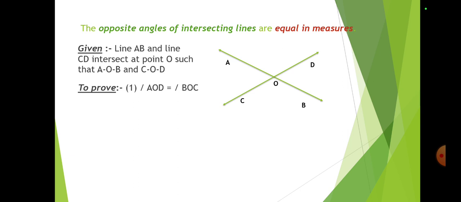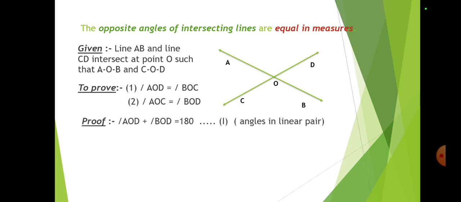But what are the equal in measures? Opposite angles. Now what are the opposite angles in this figure? Angle AOD and angle BOC. Another pair is angle AOC and angle BOD. These two pairs are equal as stated in the statement.